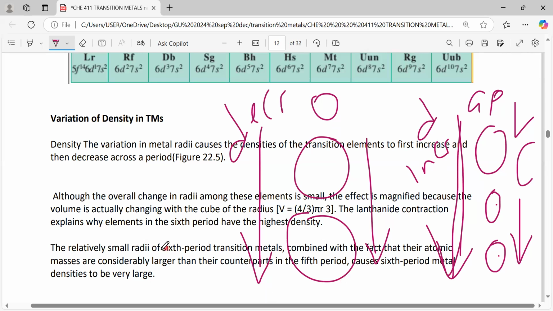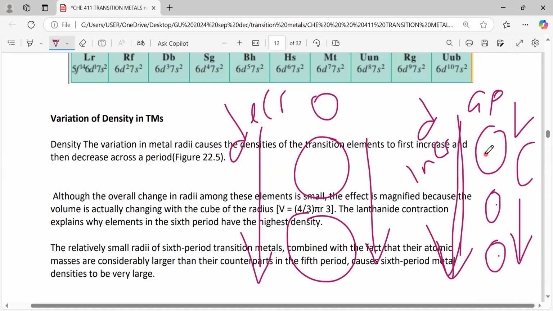Relatively small radius of period 6 transition metals, combined with the fact that the atomic masses are considerably larger than those in the 5th period, causes 6th period metal densities to be very large. I've just talked about that, so it is just a repetition that as you move down, your metals are getting heavier.